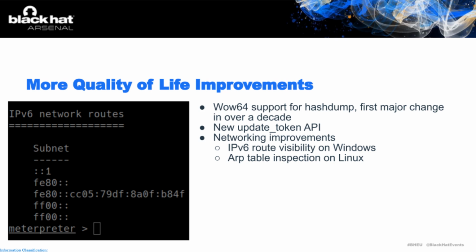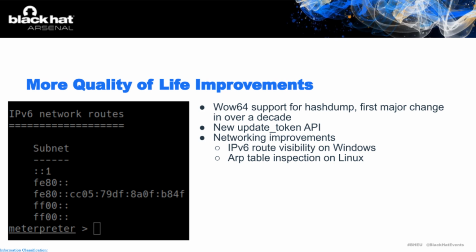Finally, there were a few networking improvements to the ability for us to see the configuration of the target host that Meterpreter is running on. The Windows Meterpreter now has the ability to dump the IPv6 routes, which can be very helpful if there's some kind of VPN client on the target, to see any static routes that have been created or are in use by any kind of tunnels that are established.